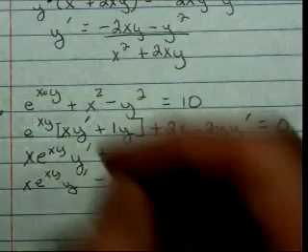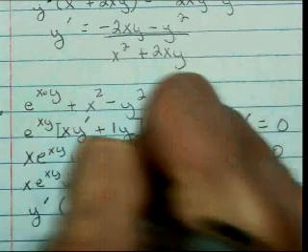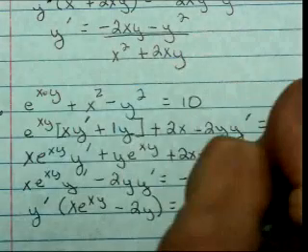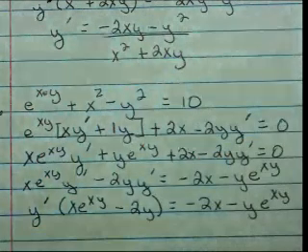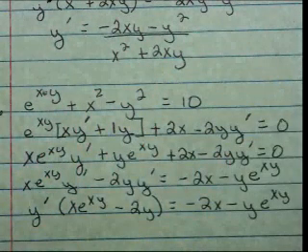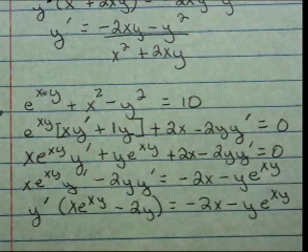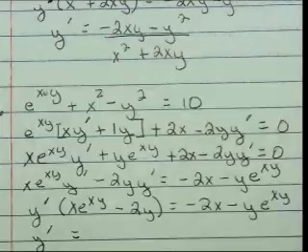Factor out a y prime. And then what? Divide. Divide by the stuff left in parentheses.